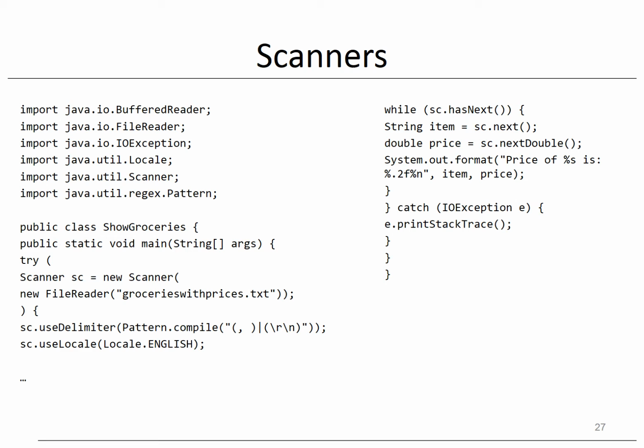In our case, we change it to match either a comma followed by a space or a new line. Note that we use the Pattern class here to supply a regular expression, a relatively advanced format that specifies text patterns. We also set the locale of the Scanner object to English to make sure the decimal prices are read in and interpreted correctly.